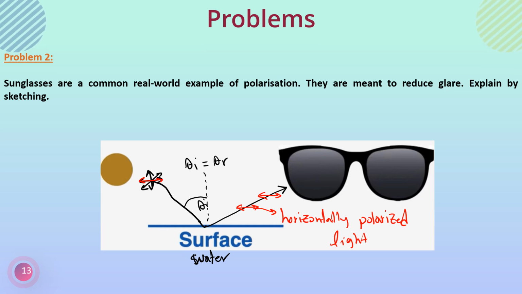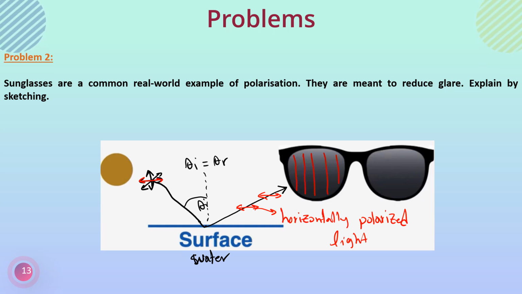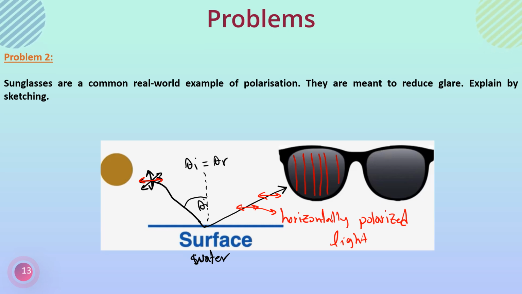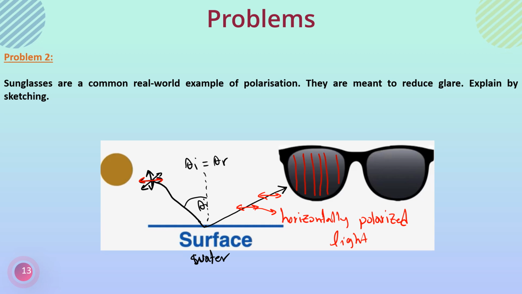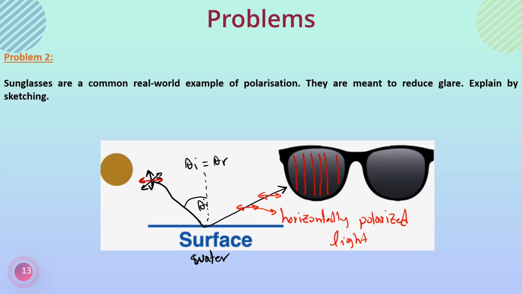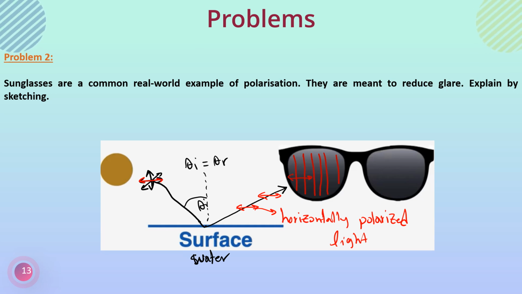So I'm expecting we're going to make it a vertical line in this way. So we are going to make the filters in the sunglasses vertically polarized, because this horizontally polarized light, when it comes here, will be cut out or blocked, right?